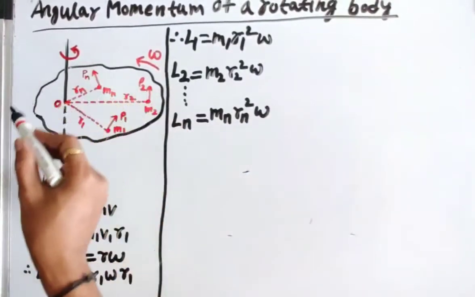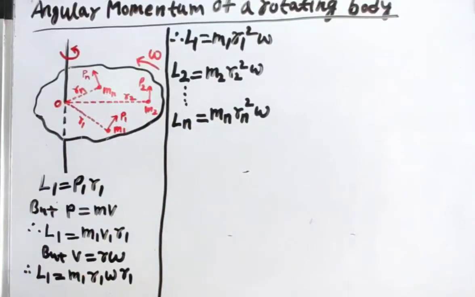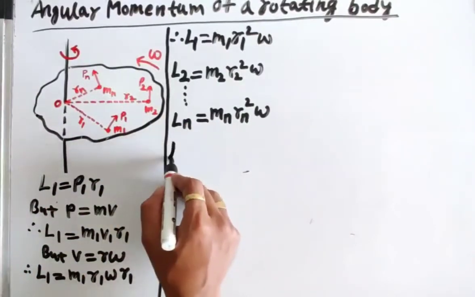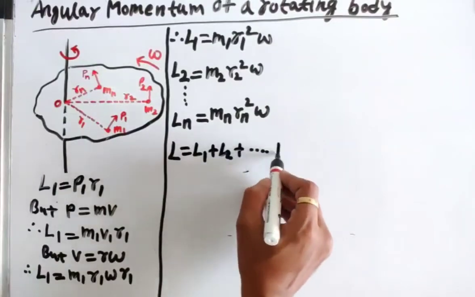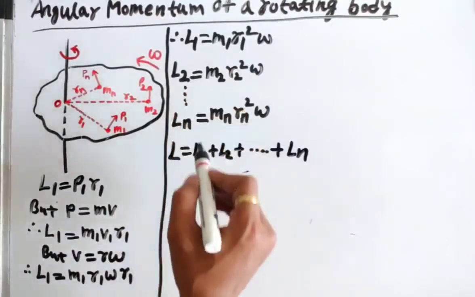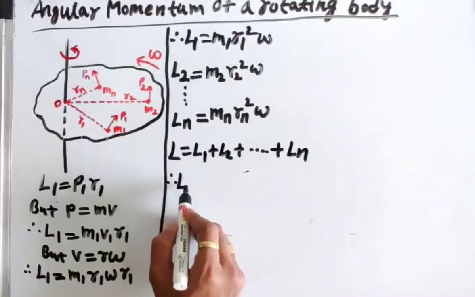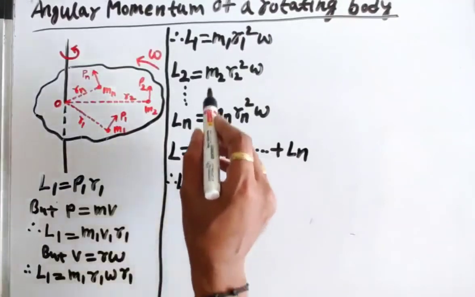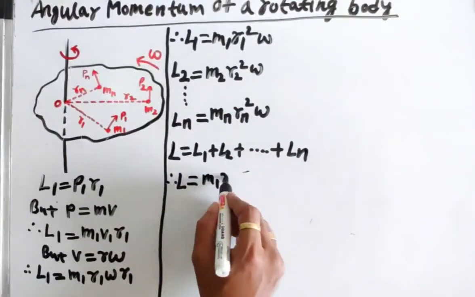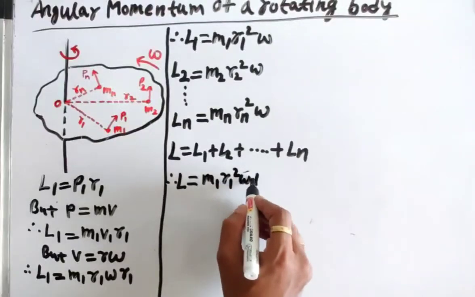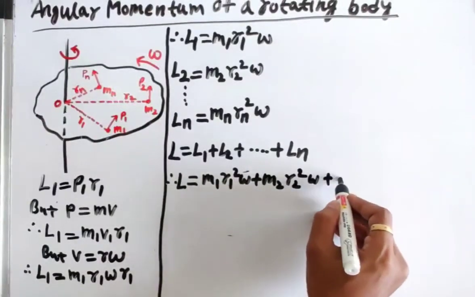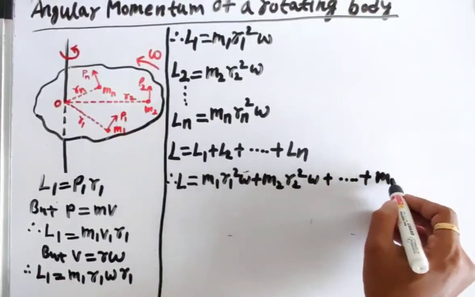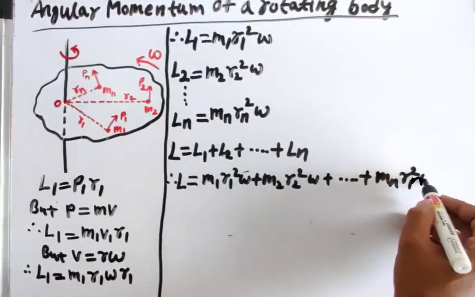Now, for finding the total angular momentum of this rotating body, L is nothing but L1 plus L2 plus up to Ln. So substituting the values, total angular momentum L = m1 r1 square omega plus m2 r2 square omega plus up to mn rn square omega.